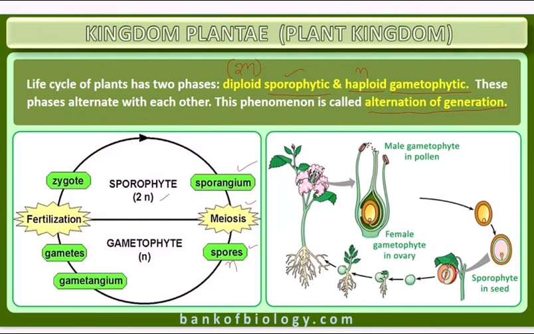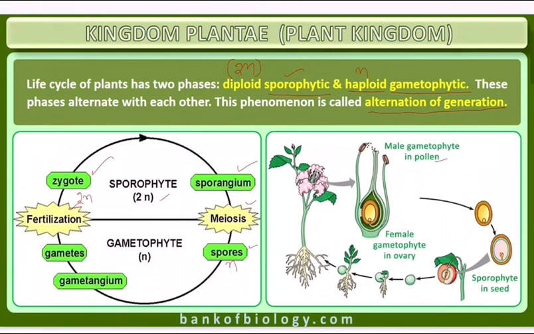Now the gametangium will be there, having gametes, male gamete and female gamete. Fusion of the male gamete and female gamete takes place, fertilization takes place. As the end product of fertilization, the zygote will be formed, which is 2n. This is how the life cycle gets completed, alternating between the 2n sporophyte and the n gametophyte.